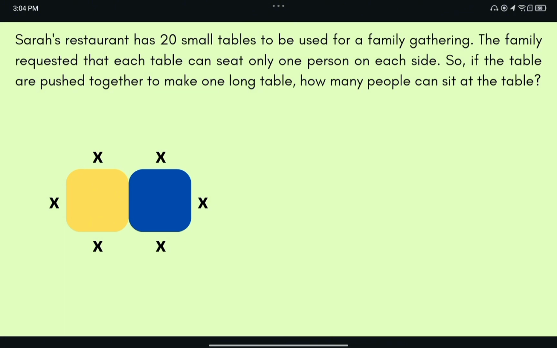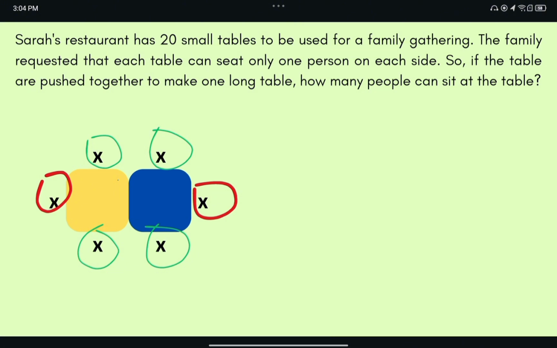So if you notice, we have 2 people on the outside of the table. So 2 people plus 2 people, so 4. And then we have 2 people that are sitting on the ends. Ayan. So parang may napapansin na akong pattern, ano?